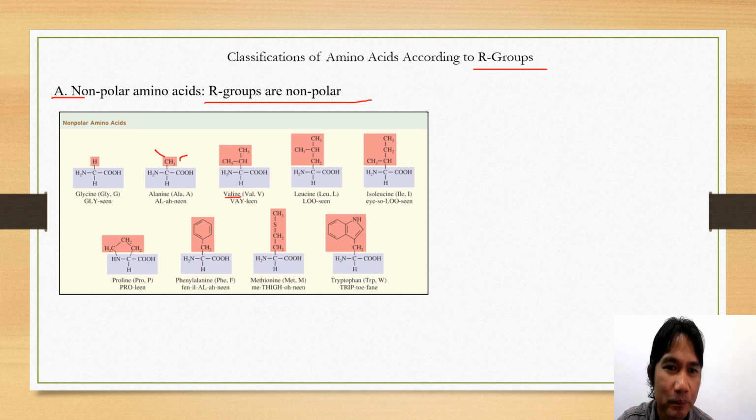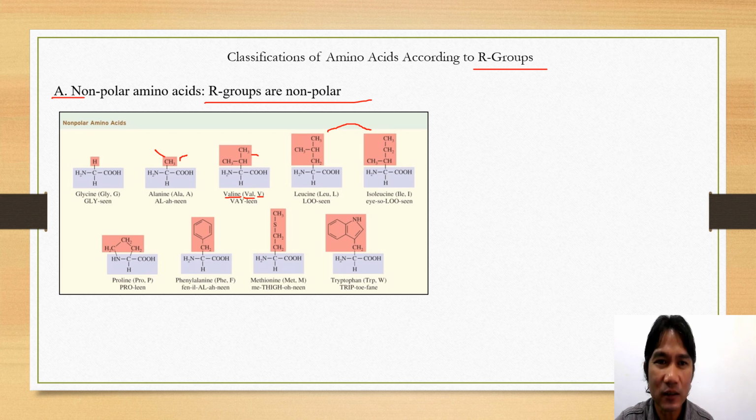Valine, or short, V. Valine, the side chain or the R group, is an isopropyl. Okay, this is an isopropyl. So as you notice, their R groups are all hydrocarbons.